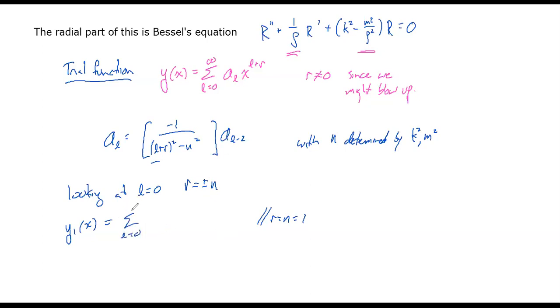Sum from L equals 0, a_L, x^L, plus or minus N. So our series is going to take on that form. I'm reading 2 lines of my notes at once. Need more table space. Okay, so this is the form of our series.